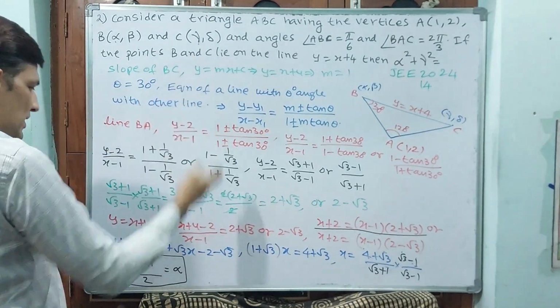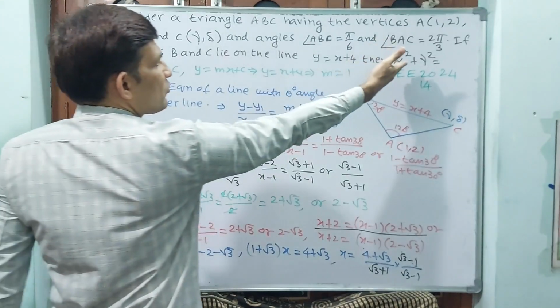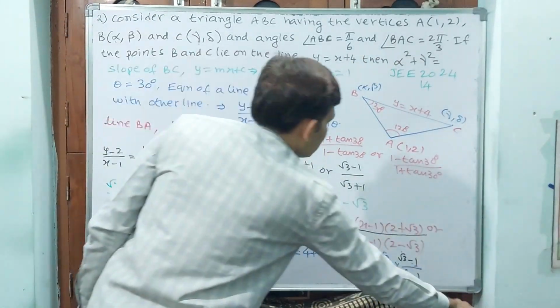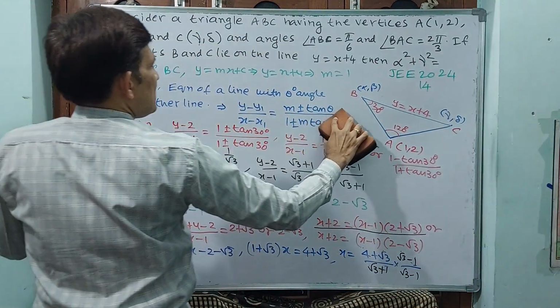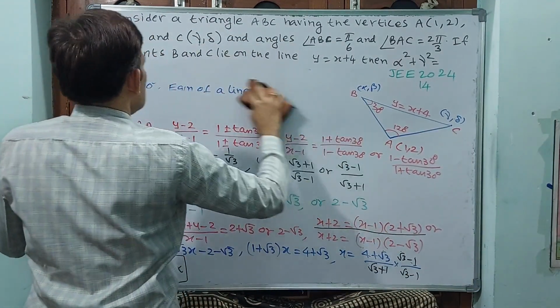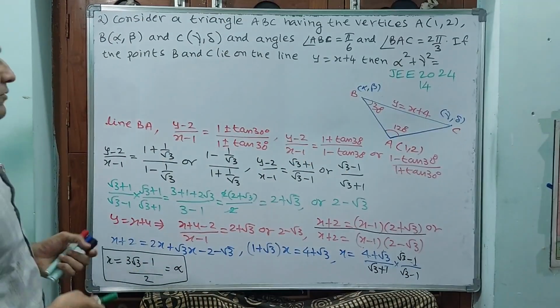What I do now, I am going to remove this green and blue color. Anyway we are getting alpha and beta values. After getting alpha and beta values we will square and add. Okay, let me write.